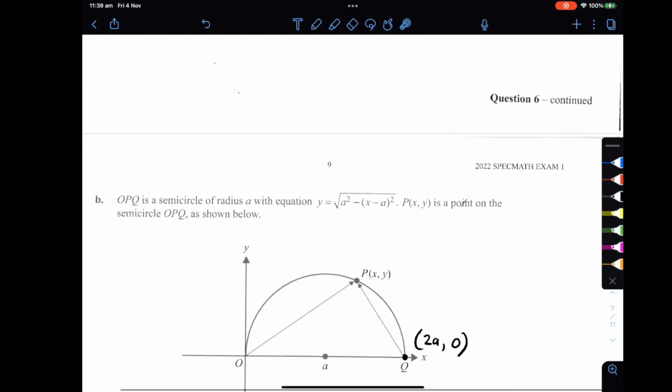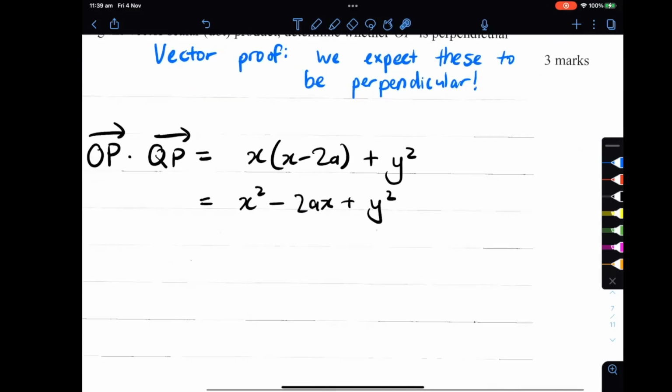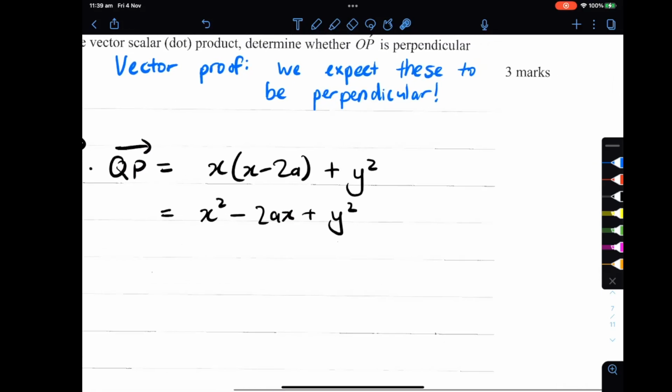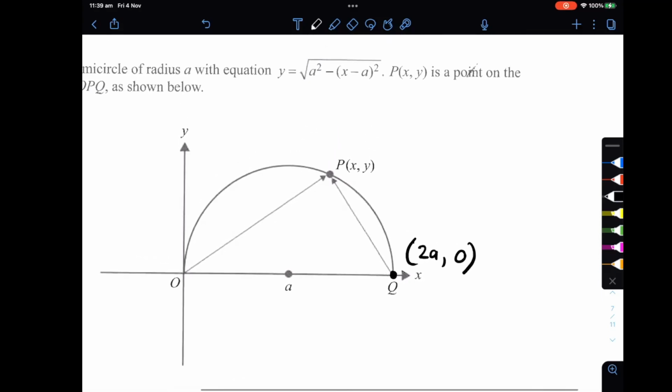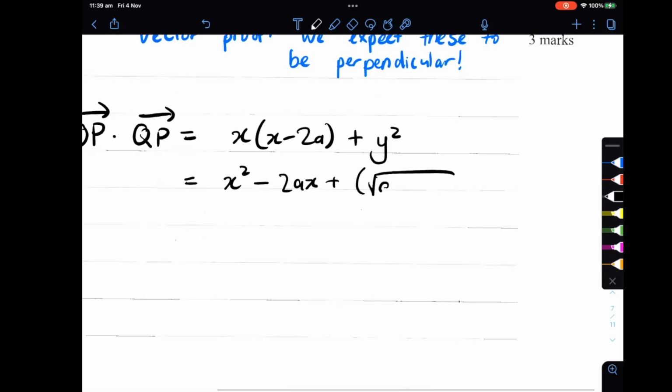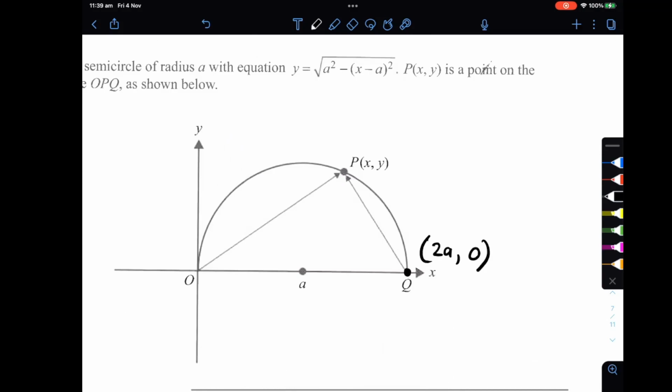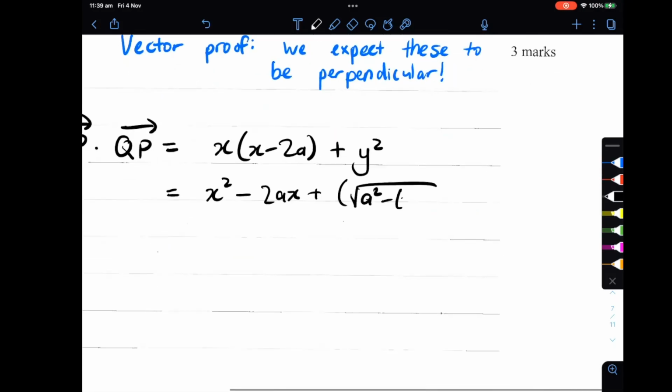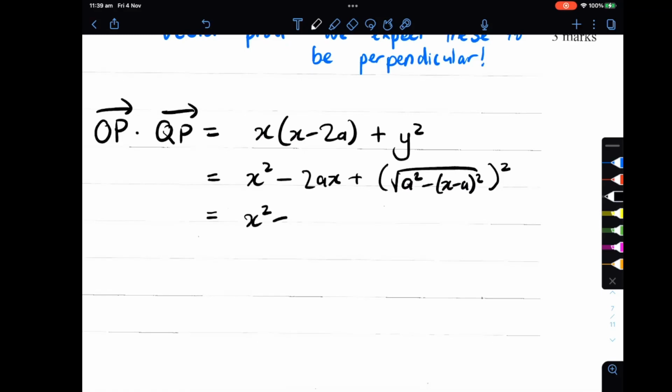Alright, we have a semicircle equation here. We could use that. Perhaps. So what is it? Root a squared minus x minus a squared. Alright, so we get x squared minus 2ax plus, the square root just disappears, so we're going to get a squared minus x minus a squared.